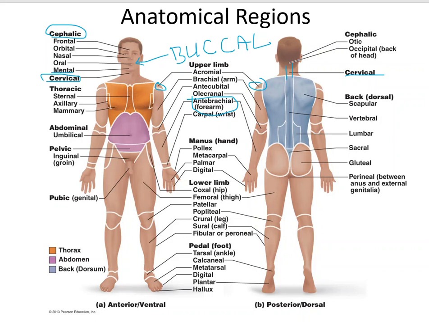Antecubital is this area right here. That's the front part where the elbow is crooking, or the crook of the elbow. It's the front portion of the elbow. Axillary is just the armpits right in here.